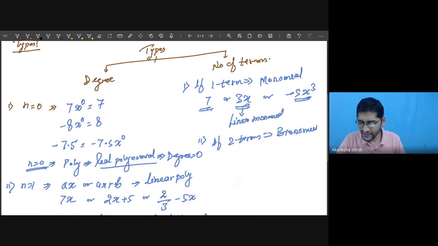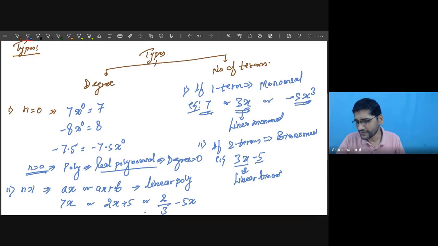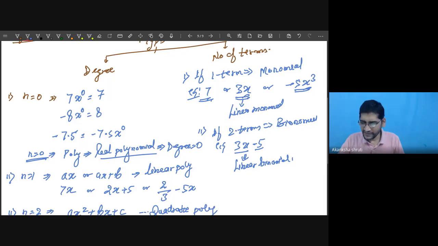Example, if we consider 3x minus 5. So one term is 3x, another is 5. So it is a linear binomial. More detail you can refer from our previous lecture, where it could be the trinomial, tetranomial.